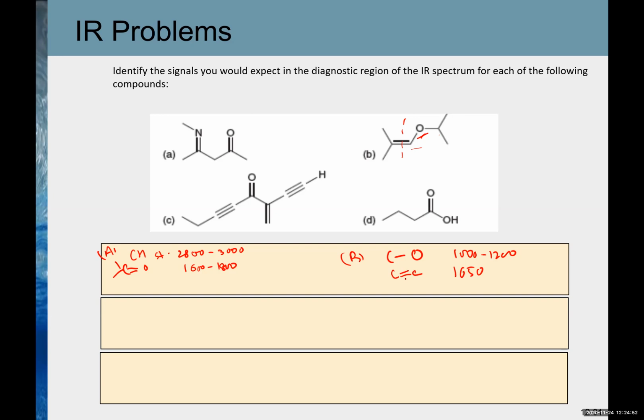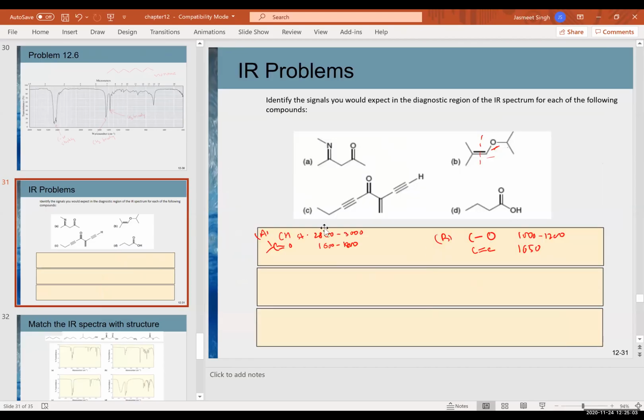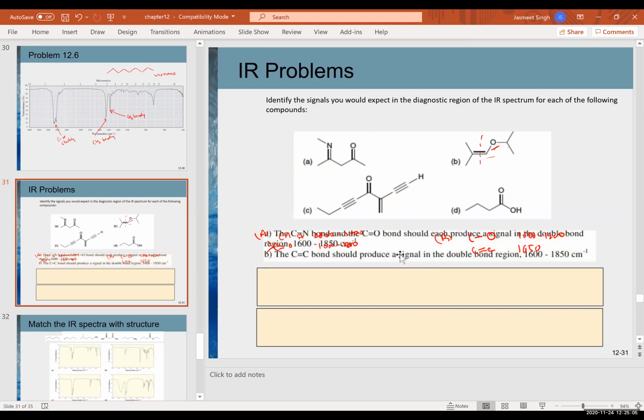So let's ignore that, right? Let me see what I have for answer. Ooh. So the same thing. So for the double bond, 1600 to 1800, and then, yeah.